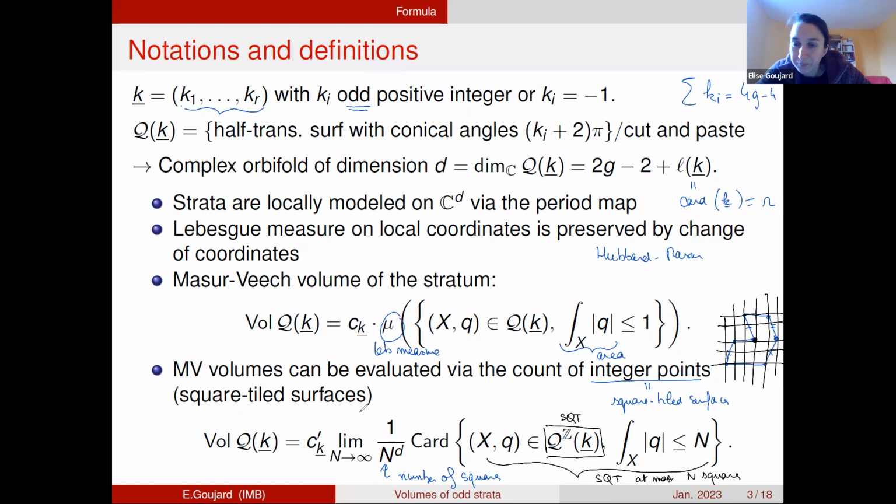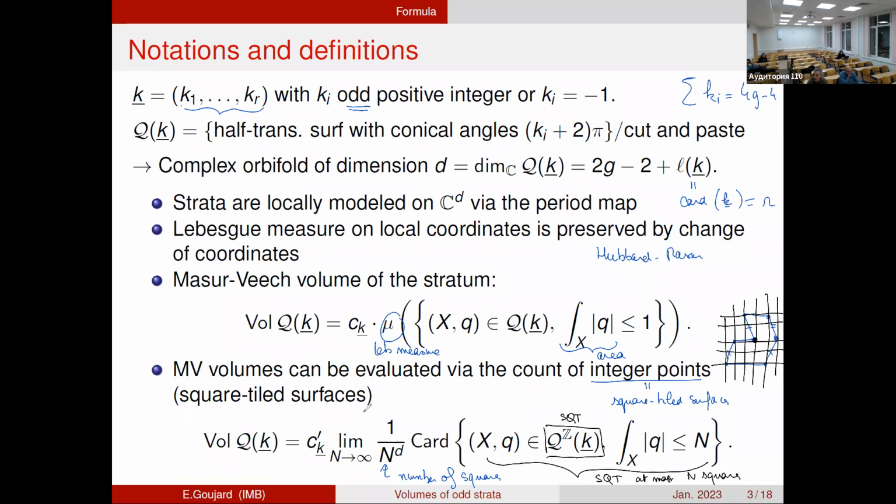Yes. Questions? Is it always possible to rearrange the cuts so that they are either vertical or horizontal? What do you mean? I don't understand the beginning of the question. So in your example, the vertices are integer, but the cuts are neither vertical nor horizontal.